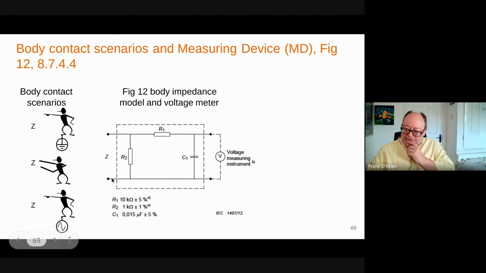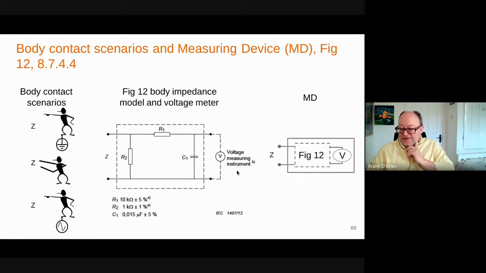So here's the 2 points, and here's the 1,000 ohms, and this is 10K and 15 nanofarads. And we actually measure this voltage, and we always divide that voltage by 1,000. And if you think about higher frequencies, that's not technically 1,000 looking in here, but at lower frequencies it is.